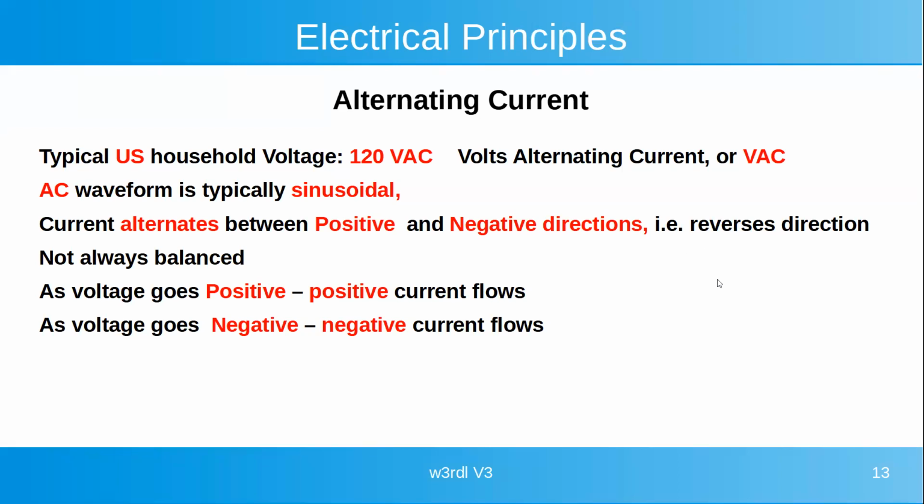Alternating current. The polarity or the current reverses. It's volts alternating current. We normally talk at 120 volts AC. Technically, it's 120 volts AC RMS, which I don't know if we get to in the tech or not.